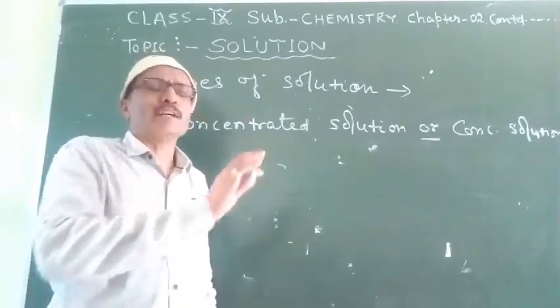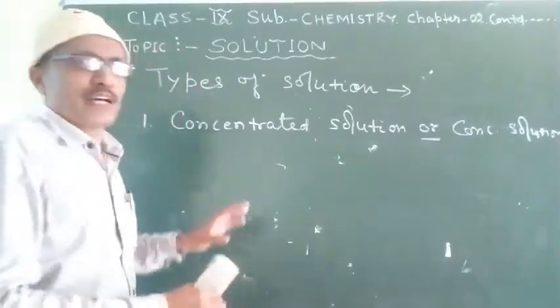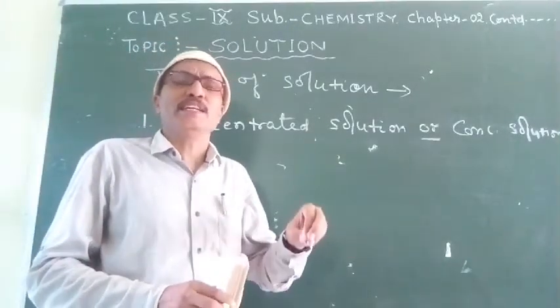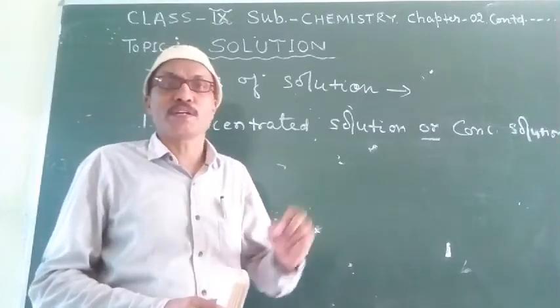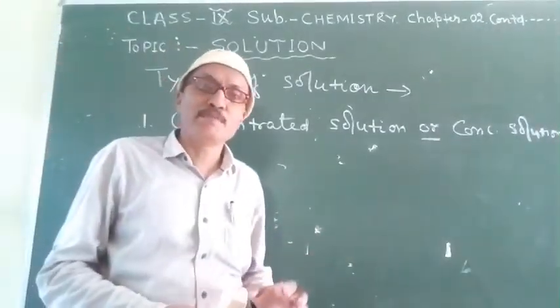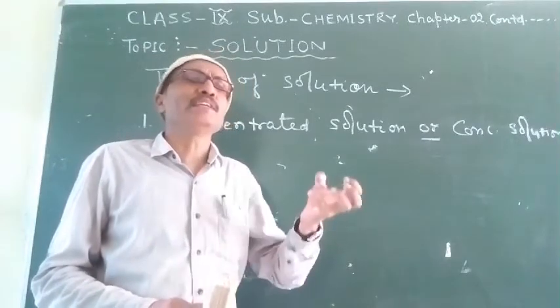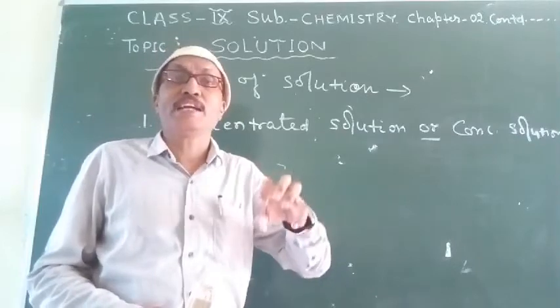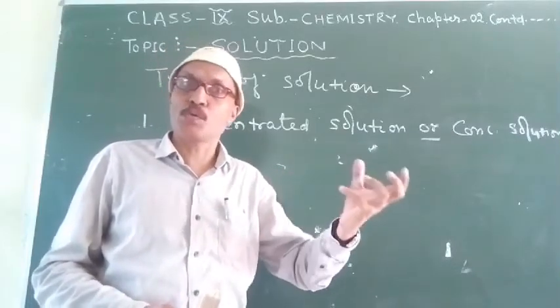So in this classification, as the solvent, we generally consider water. These two classifications have been made on the basis of the relative amount of solute and water as a solvent.